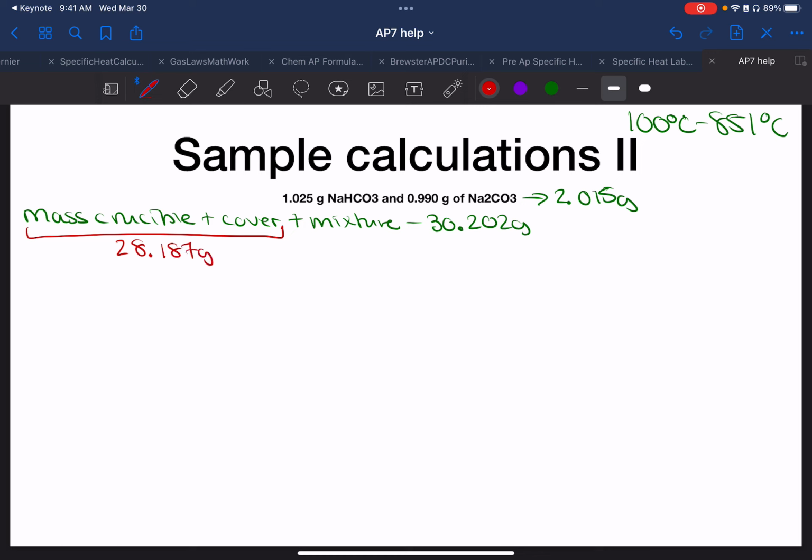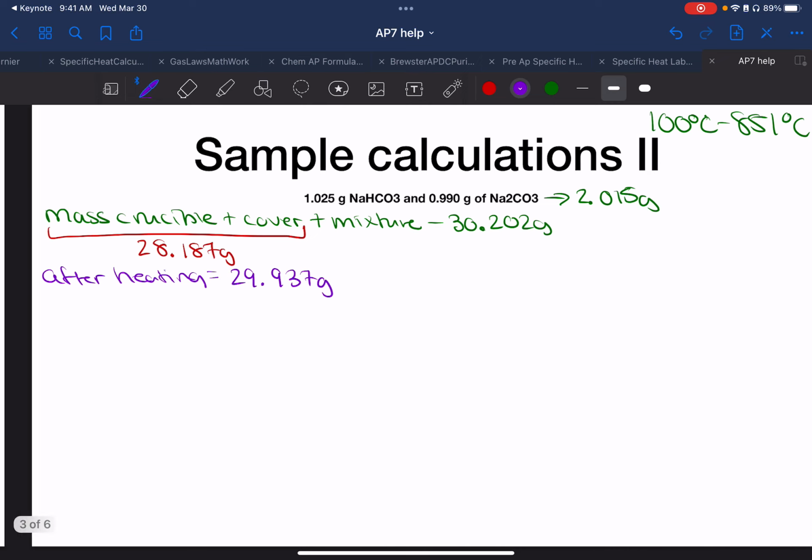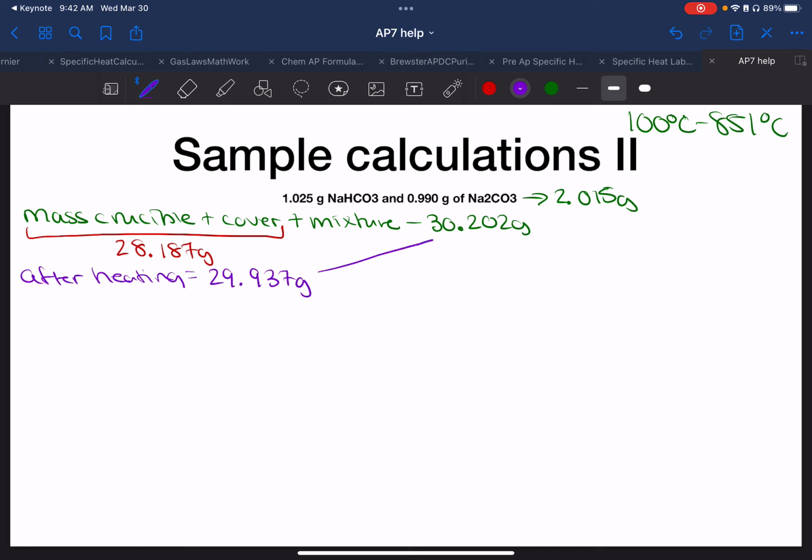So this is just some example data, all right? So then I heat it, and after heating, I get 29.937 grams. Okay? So my difference between these two numbers is 0.265.